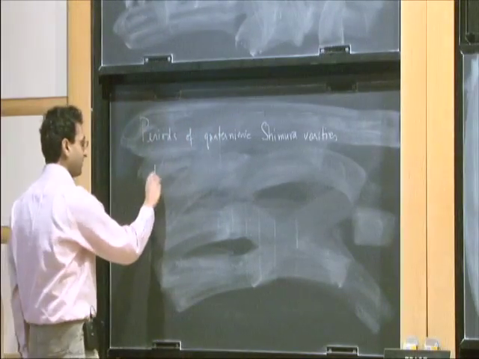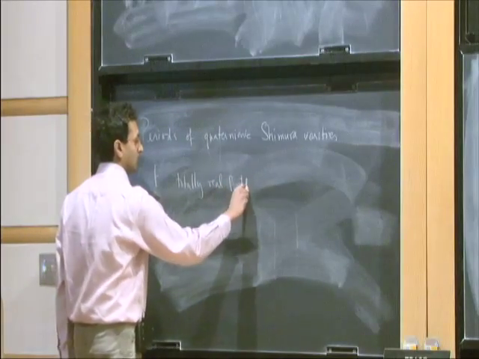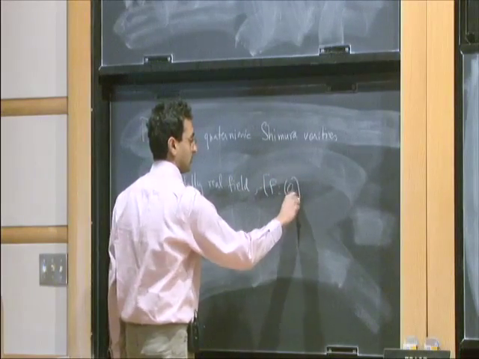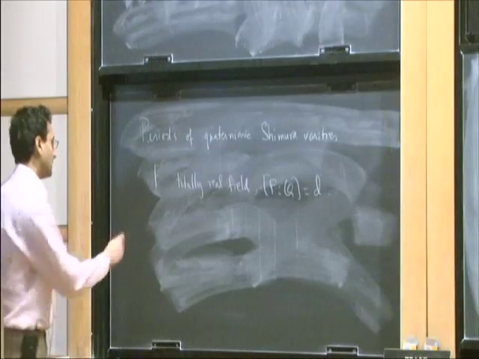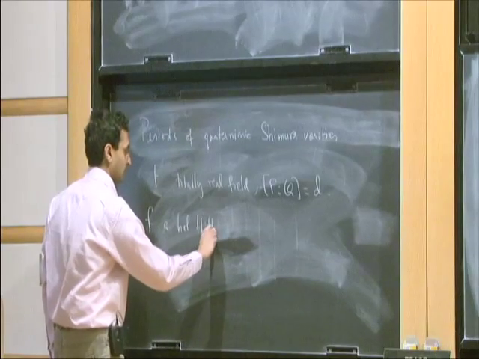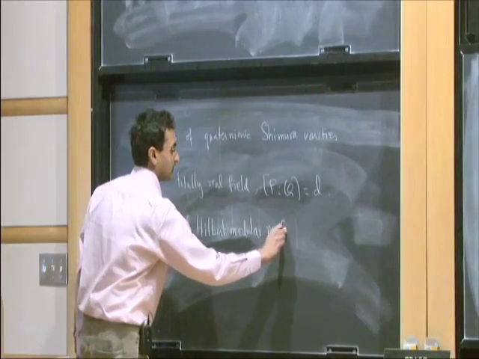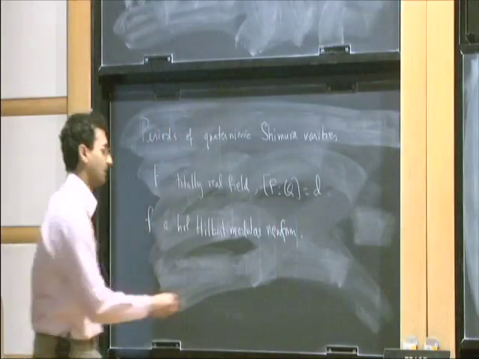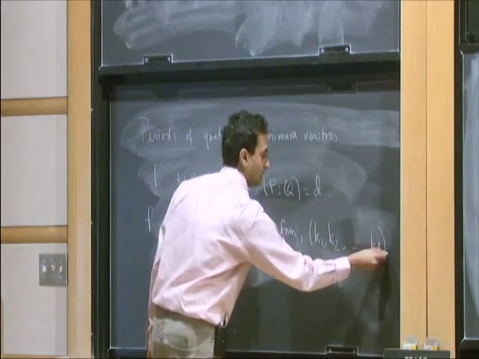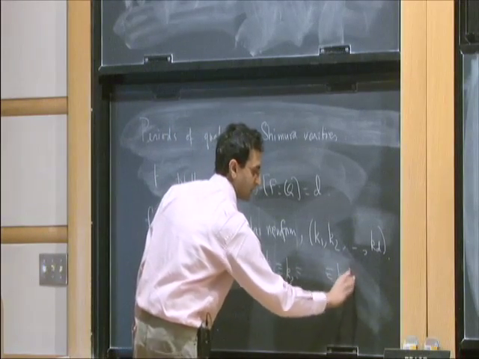I start with a totally real field F, say of degree d over Q. And I start with small f, a holomorphic Hilbert modular newform. I assume the weights are motivic, so the weights are k1, k2 through kd, where the ki satisfy a congruence condition, and these are all congruent to each other mod 2.